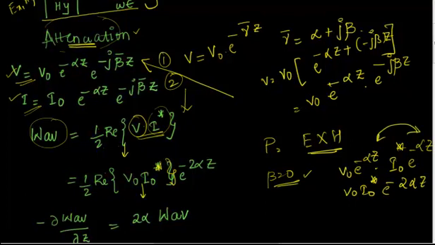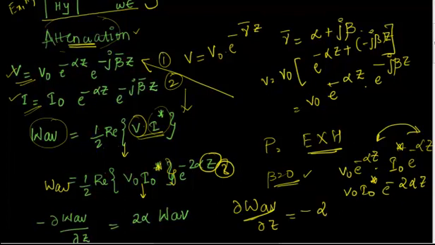So now you can differentiate this equation, say equation 3. What do you get? You differentiate it with respect to z, the propagation direction, that is dou W by dou z is minus 2 alpha.